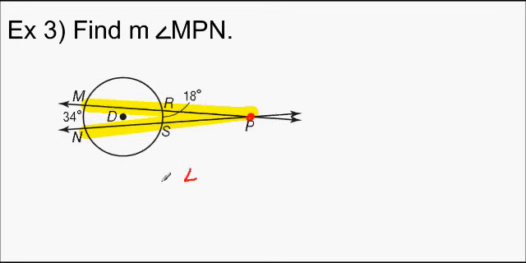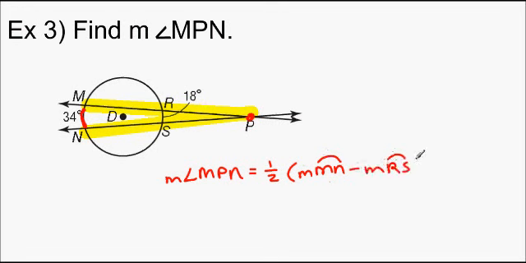So the measure of angle MPN is 1/2 of my big arc, arc MN, minus the measure of the small arc, RS. And you can see that arc MN is labeled 34 degrees and RS is labeled 18 degrees.